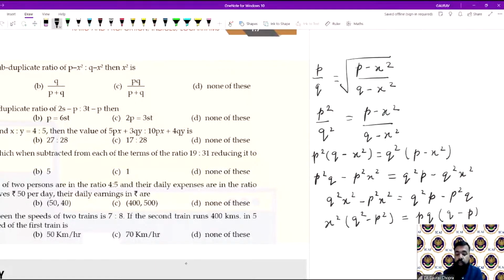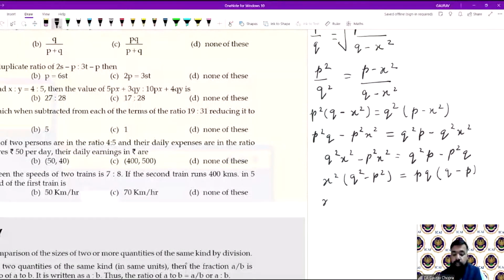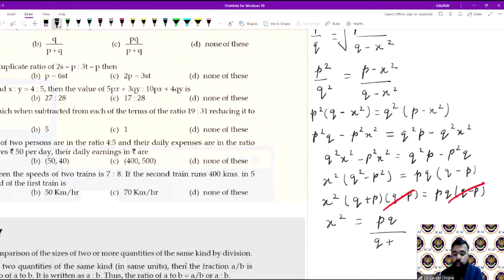Q minus P. Now Q square minus P square can be opened using the identity: Q plus P times Q minus P equals PQ into Q minus P. So it will get cancelled. So x square is equal to PQ upon Q plus P. This is the value of x square. Option number C.